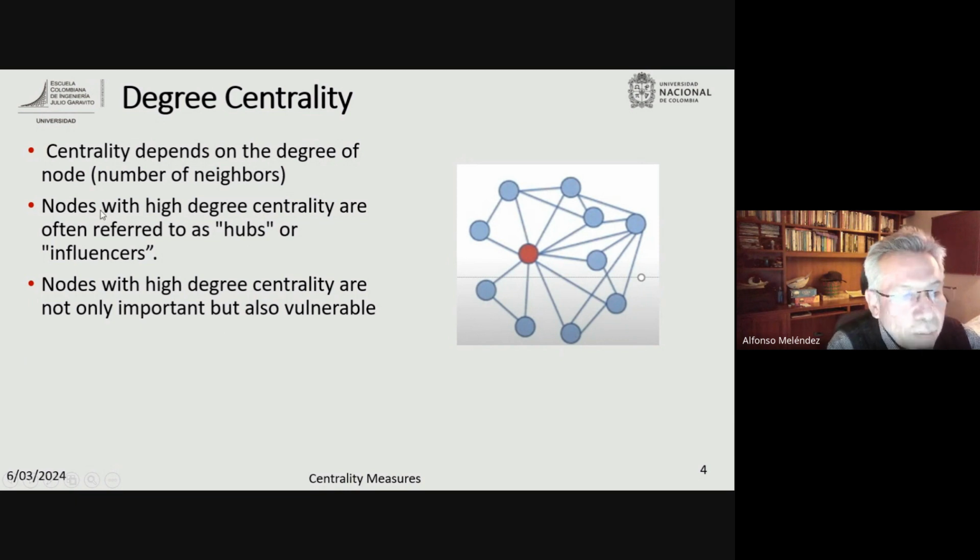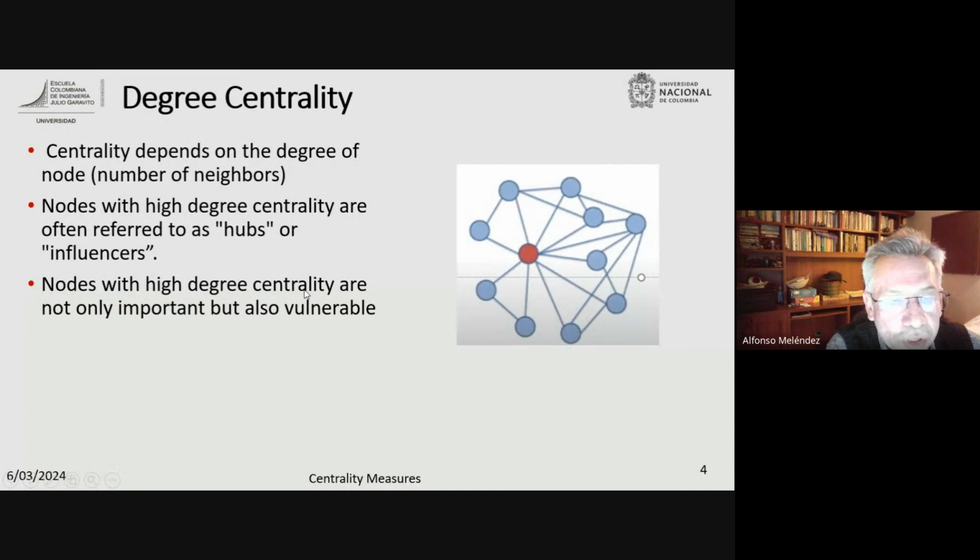Nodes with high degree centrality are often referred to as hubs in technological terms, or as influencers in a social network. In a network like TikTok or Twitter, a person that has a lot of friends, or people who connect to that person, becomes an influencer.